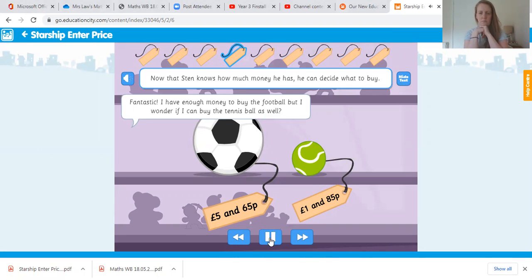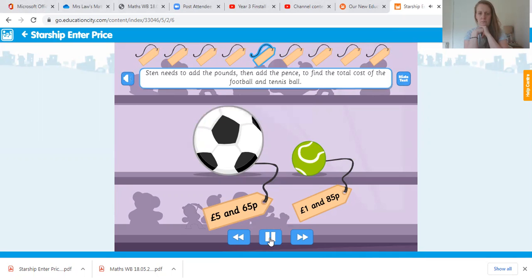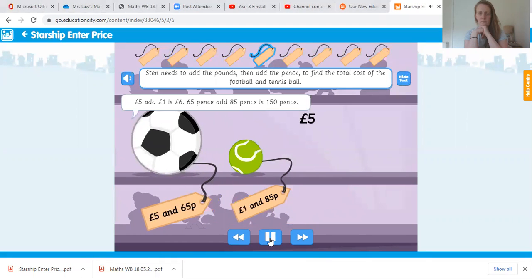I have enough money to buy the football, but I wonder if I can buy the tennis ball as well. Stan needs to add the pounds, then add the pence to find the total cost of the football and tennis ball. 5 pounds and 1 pound is 6 pounds. 65 pence and 85 pence is 150 pence.